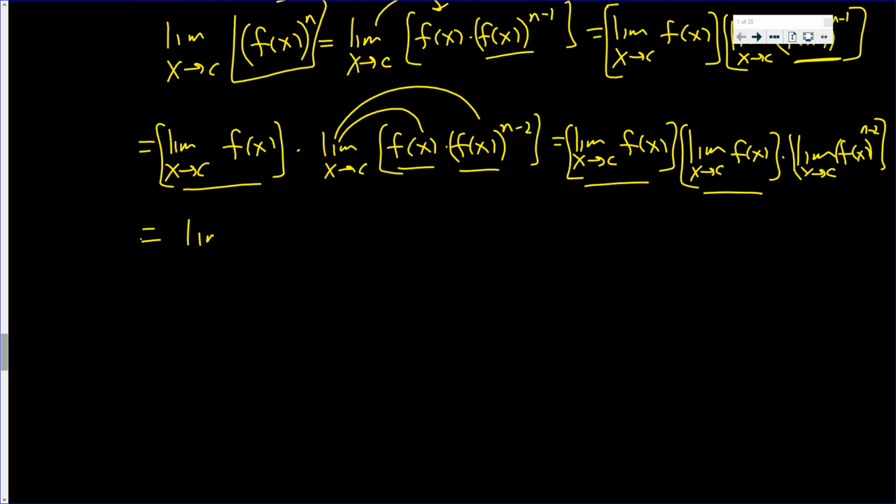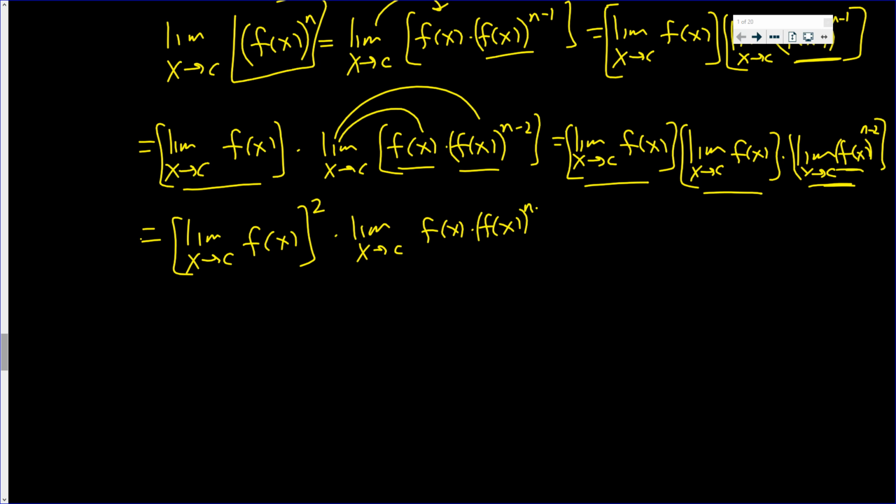They're the exact same limit. So whatever this limit is, since I'm multiplying it by itself 2 times, I'll get squared. And this limit, I can think of it as the limit as x goes to c. That is, this function I can think of as f of x times f of x raised to the n minus 3. And I can keep playing this game.